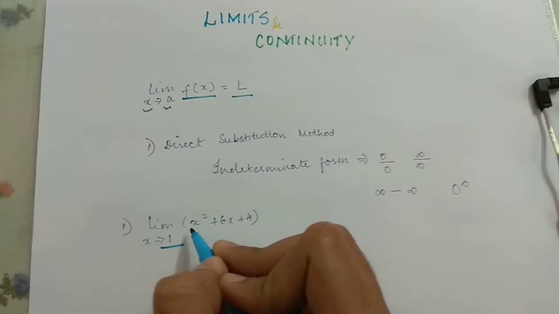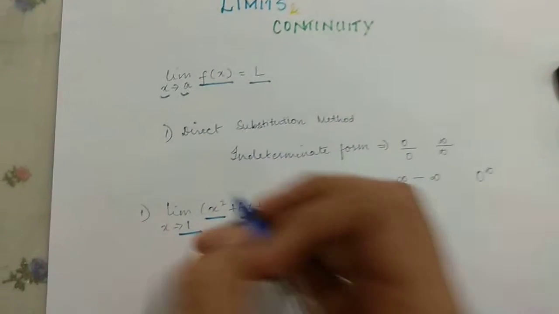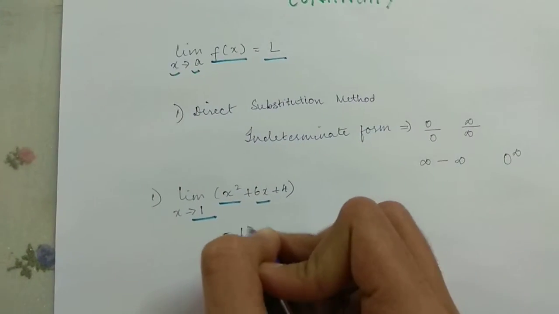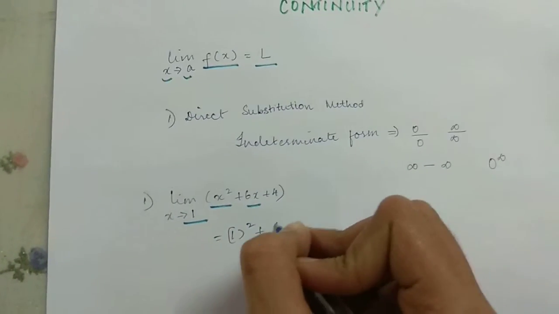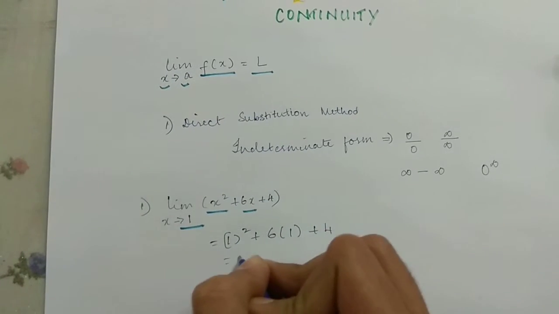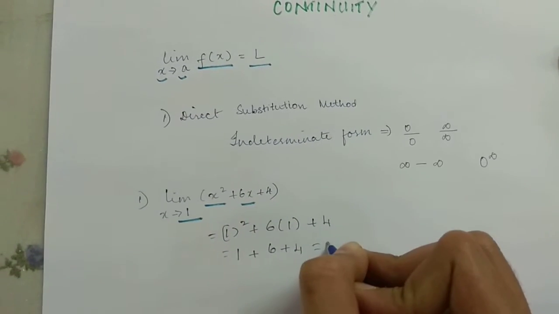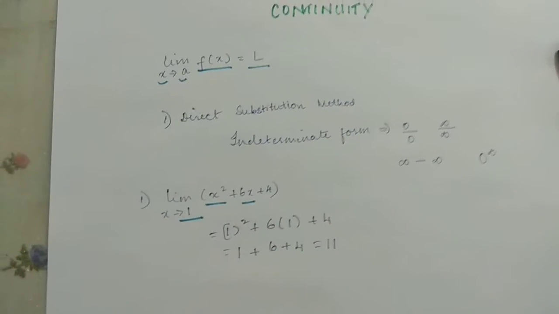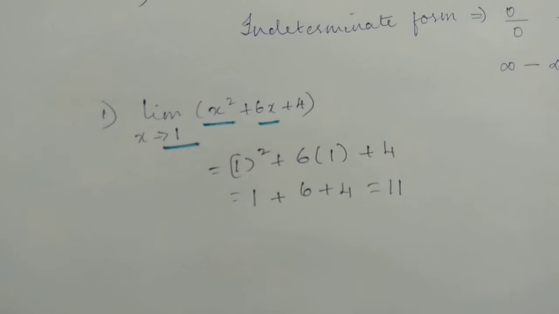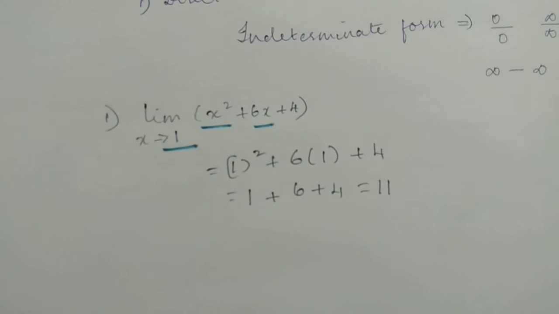So, wherever you have x in the function, you have to put 1. So, this will be 1 square plus 6 into 1 plus 4, which is 1 plus 6 plus 4, which equals 11.